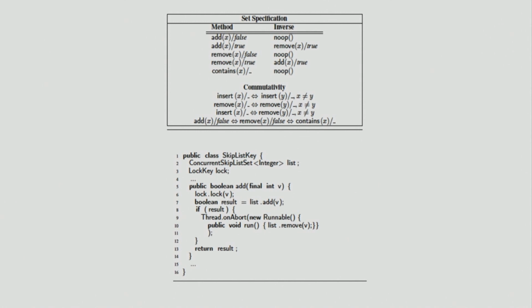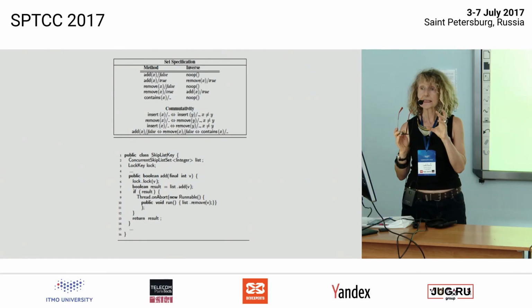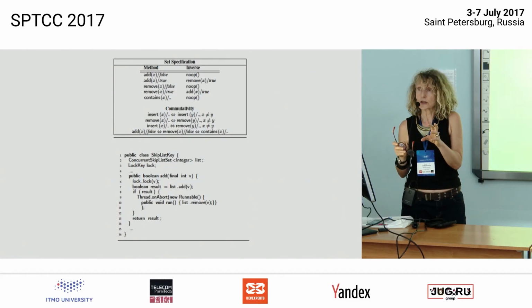So that's why, if the result was true, in other words, if the add operation succeeded, I am creating an on-abort exception handler that is going to call remove v. This is all about how I get a transactional add operation.